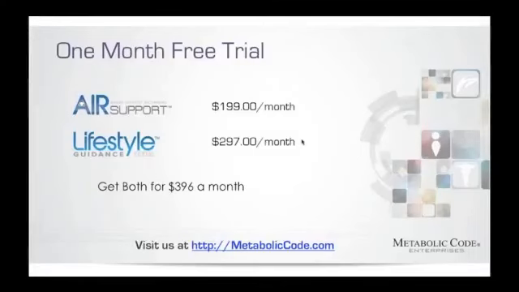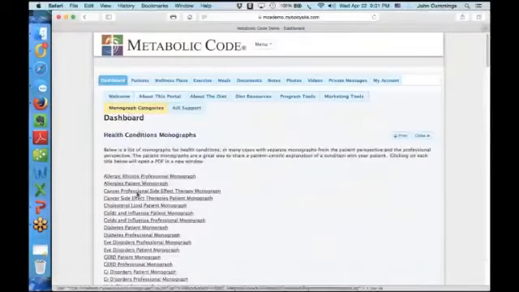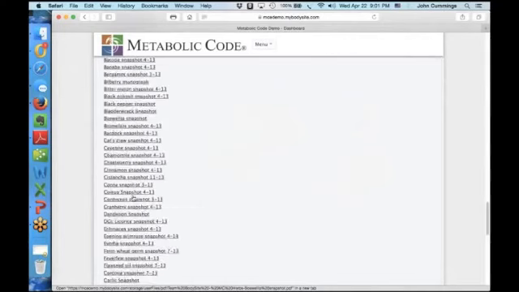Yes, does the Metabolic Code AIR Support take into account what medications and supplements the patient is already taking? Oh, that'd be next to impossible. So you kind of have to do that in your interview. Other than drug-induced nutrient depletions, it certainly takes that into account. But it would be an unbelievably huge algorithm to take into account all of that.